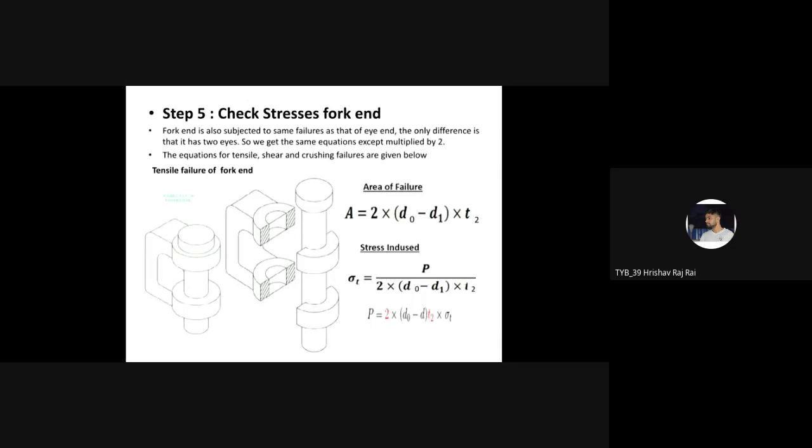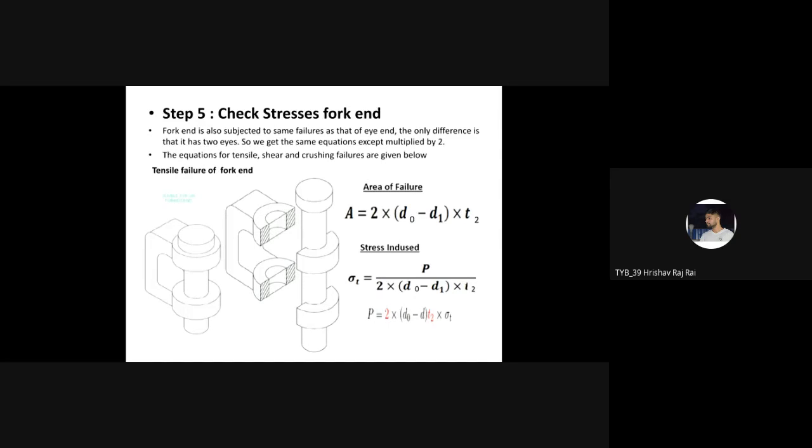Now, while we consider the tensile stresses which are induced in this fork eye, which area is going to resist that tensile stress? That area is important because sigma t, that is the tensile stress value, design tensile stress value more specifically, is equal to force divided by area. So we calculate the area of both the eyes.